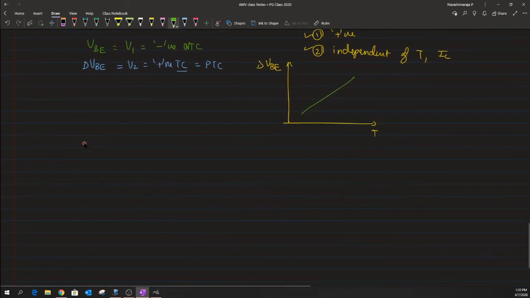So now let us do some simple exercise problem. Let us begin with the calculation. Calculate delta VBE for the circuit shown below.